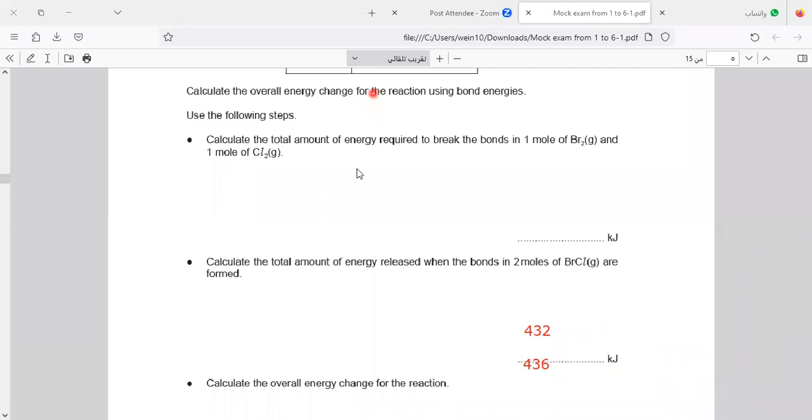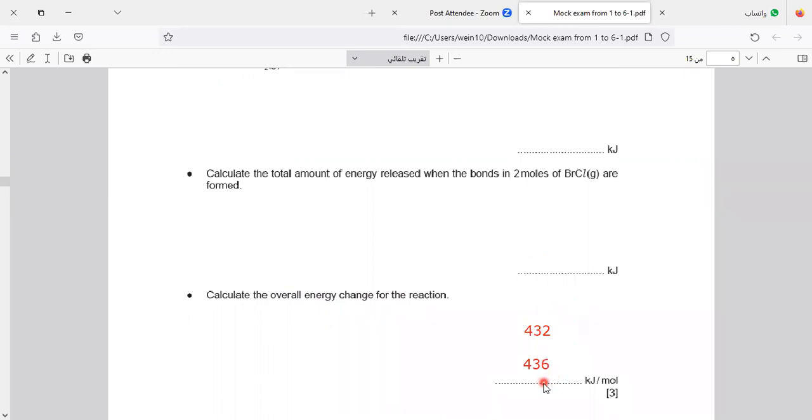Now we need the overall energy change: energy in, which is 432, minus energy out, energy of the product, 436. The answer will be -4. So finally it will be -4.